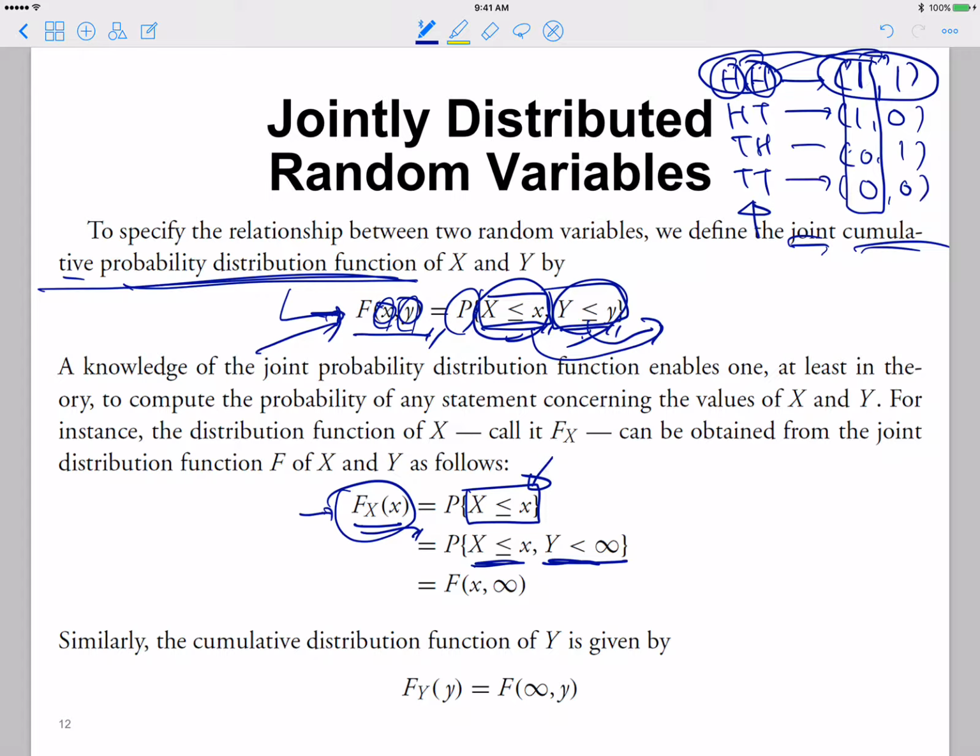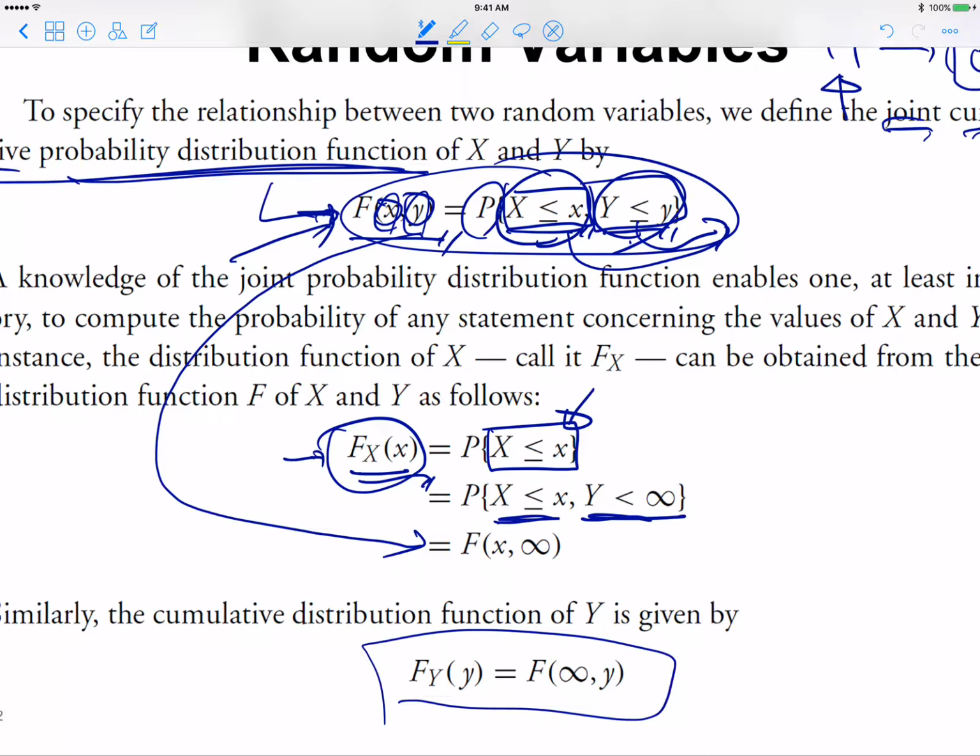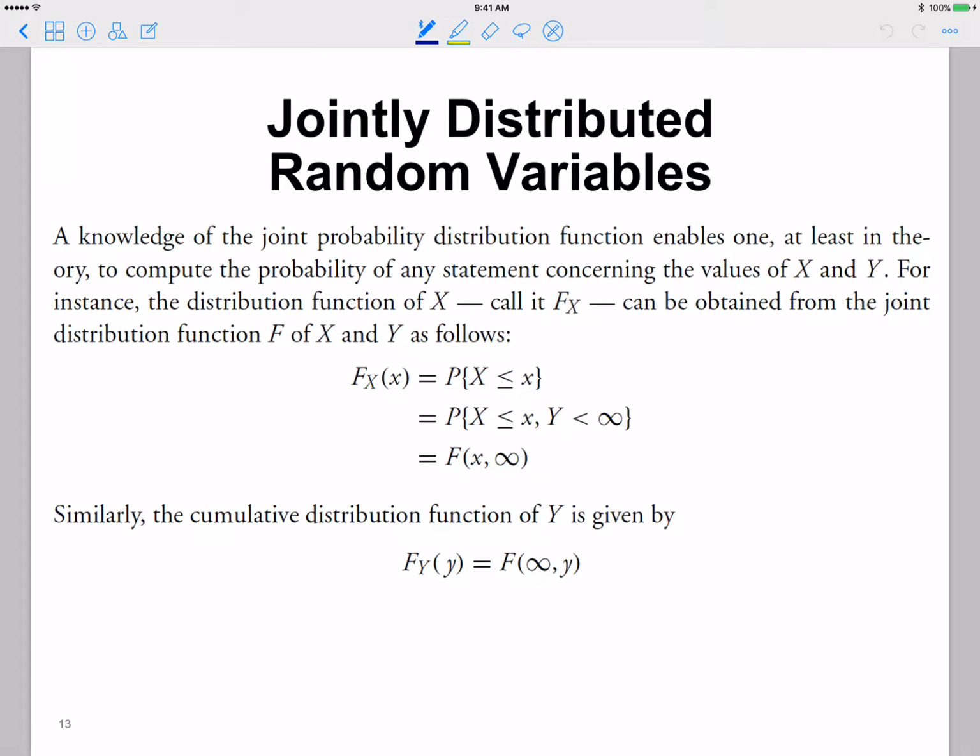And then it can be written in this way by using the joint cumulative distribution function. And then similarly, for y, we can obtain this.